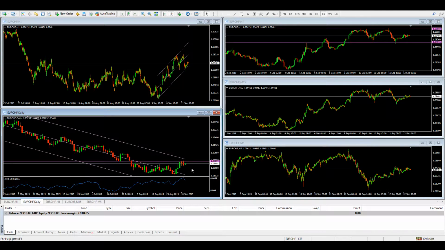So if I put this into context, let's see how this makes sense across multiple time frames. So you can see here on these time frames, I don't know if you can see that red line on your screen, but let's put in a purple one.